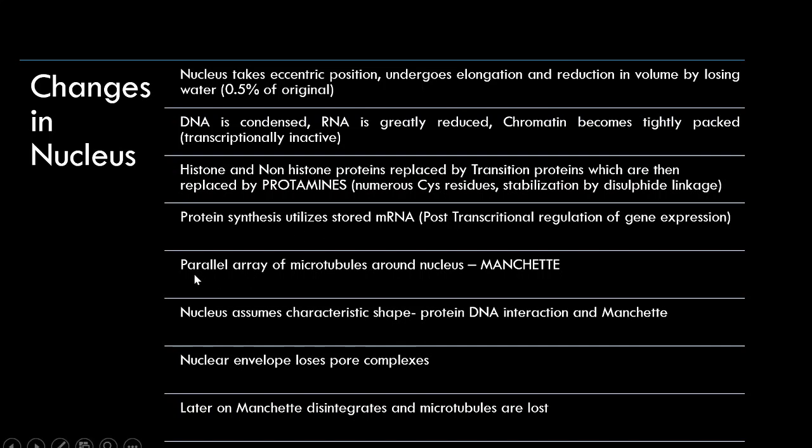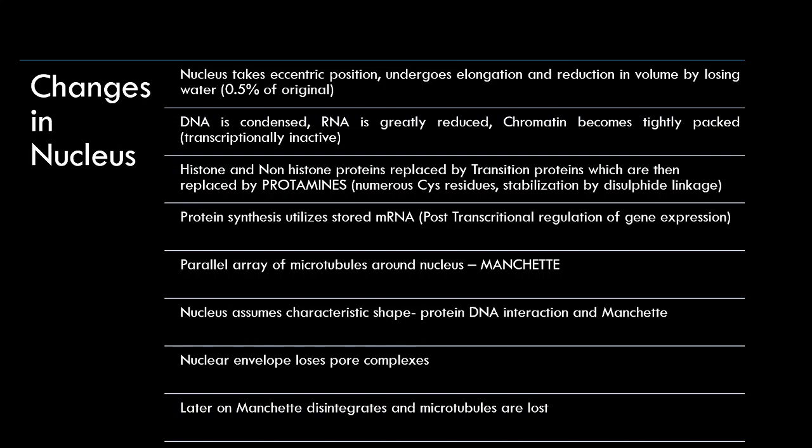There is a formation of a parallel array of microtubules around the nucleus, which is called the manchette. The nucleus assumes a particular shape due to the presence of this manchette and the interaction between the proteins and the DNA. The shape is species specific.